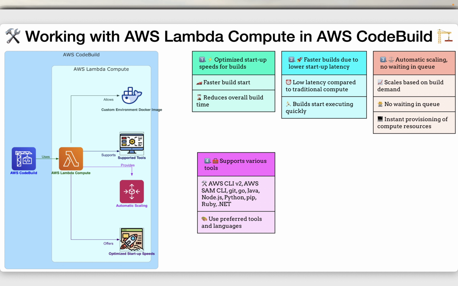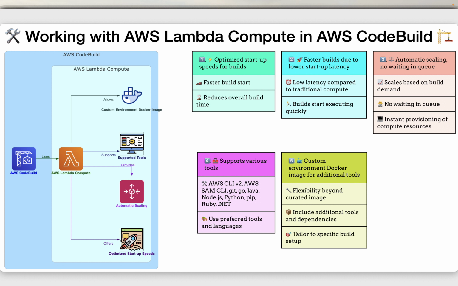If the curated images provided by AWS Lambda do not support all the tools you need for your build, you have the flexibility to provide a custom environment Docker image. This custom image can include any additional tools or dependencies required for your specific build setup.